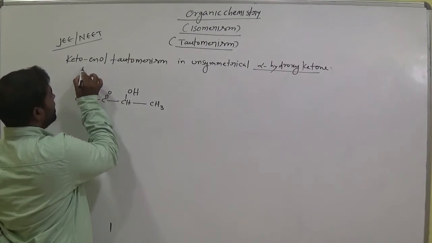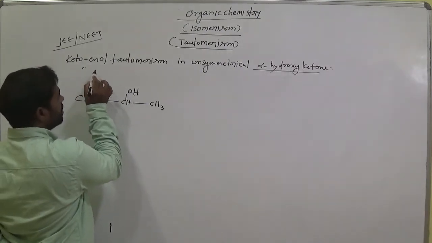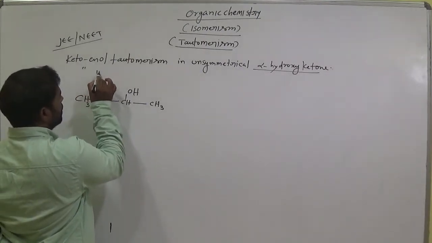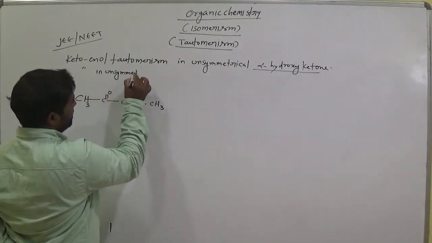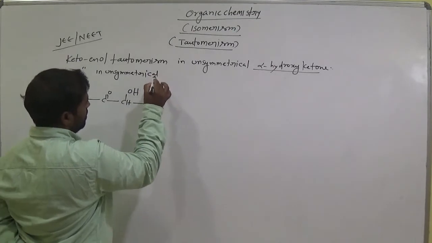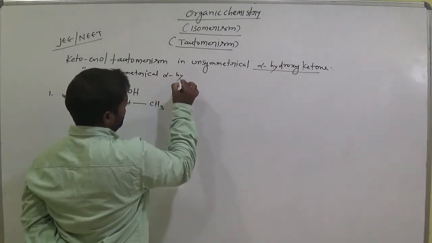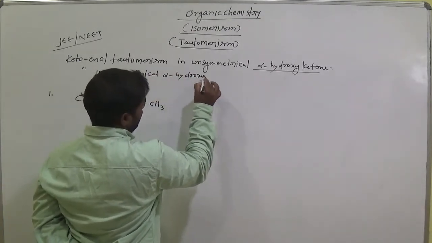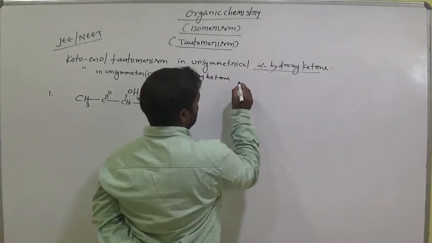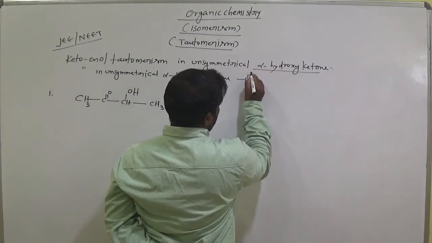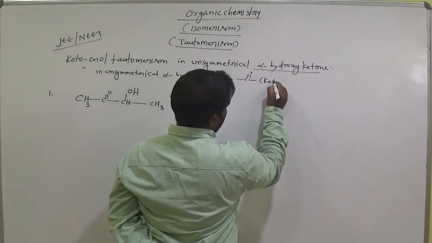So write the statement here. In unsymmetrical alpha hydroxy ketones, that is the keto group, am I right?